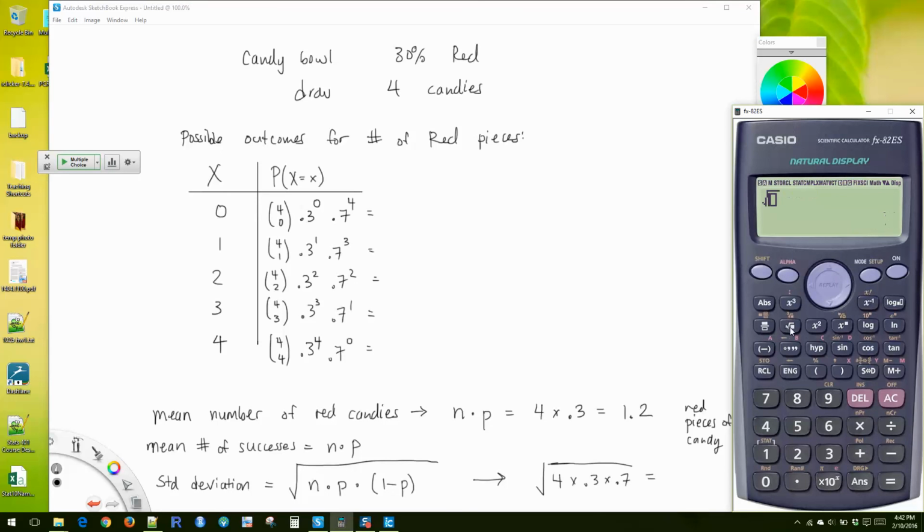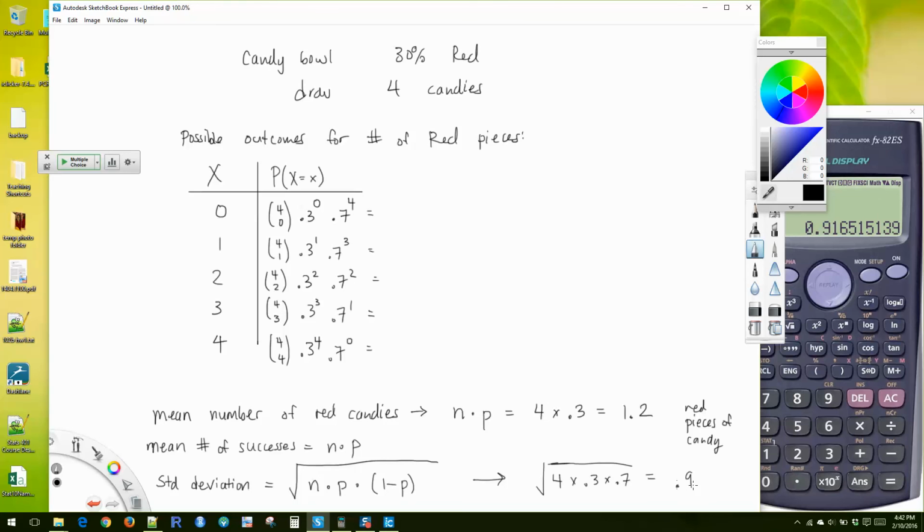I would take the square root of this thing, which is 0.9165. Again, the idea is if I kept track of all of my outcomes after many repeated trials, what is the mean of all of those outcomes? What is the standard deviation of all of those outcomes?